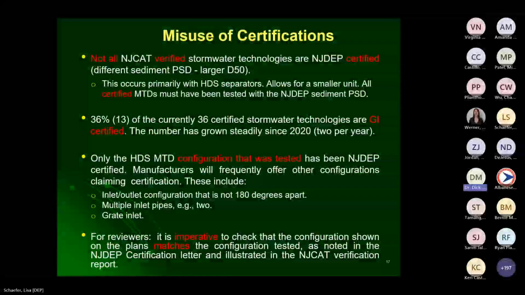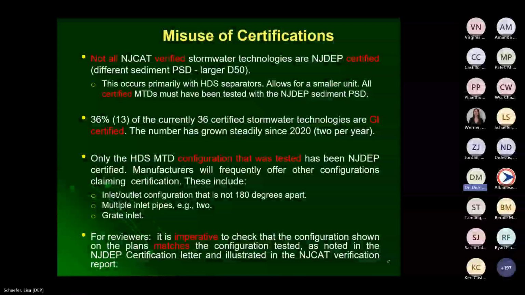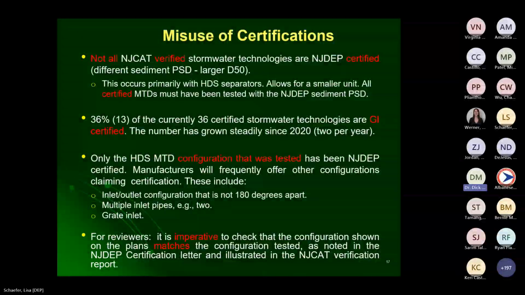basically have to have 50% of your particles below 50 microns. Here, these have larger D50s, maybe 110 rather than 75, and this occurs predominantly with HDS separators. Obviously, the advantage is it allows for a smaller unit.